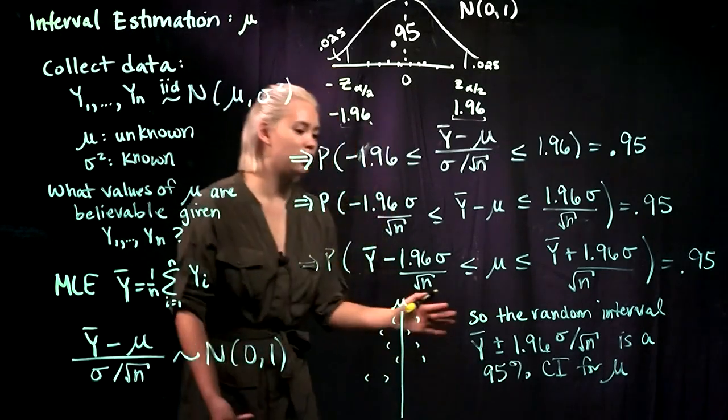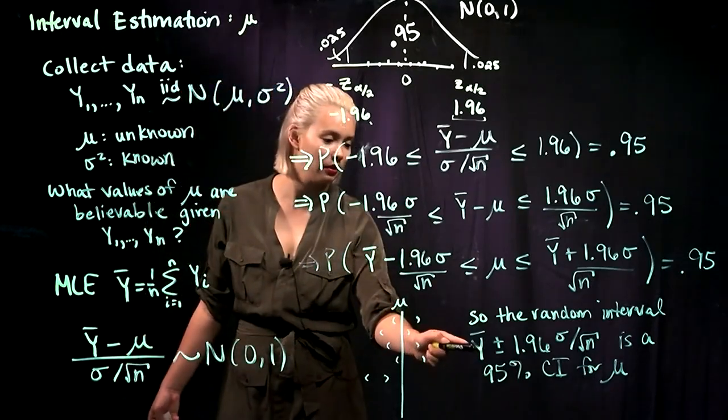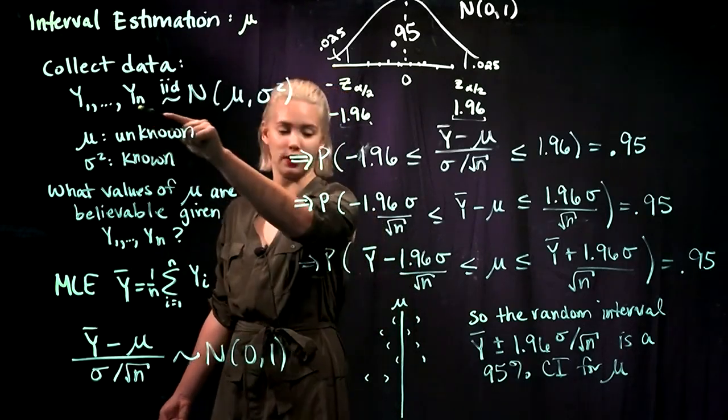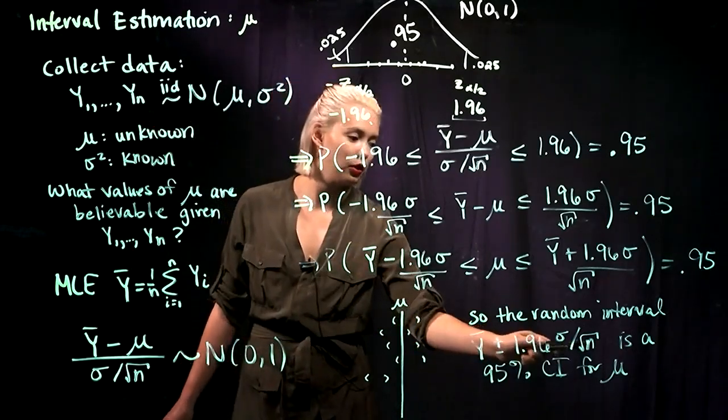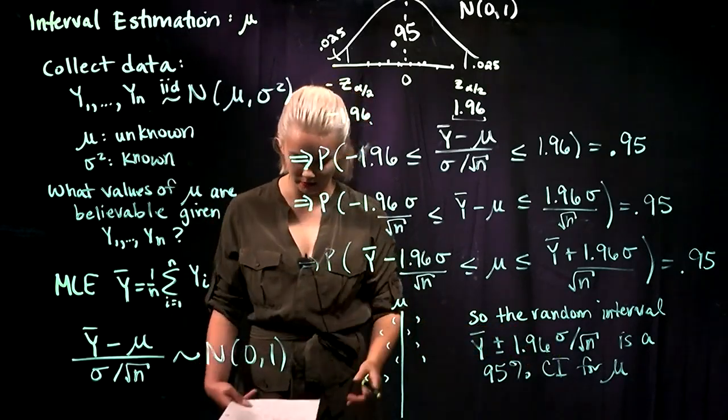All right, so when you're actually doing this in practice, you just plug in your numbers. You'd plug in your particular y bar based on whatever data you've collected, your sample size, and this known sigma.